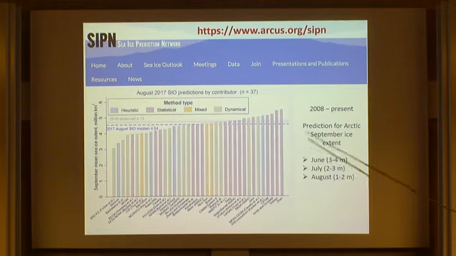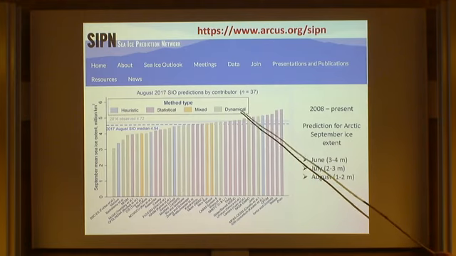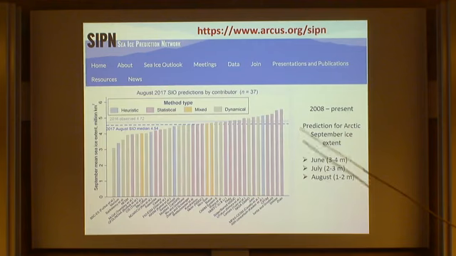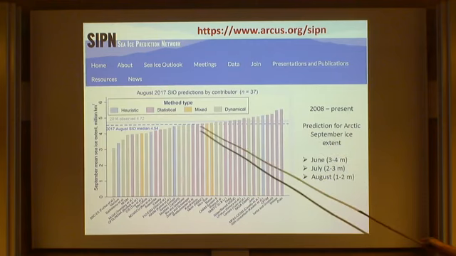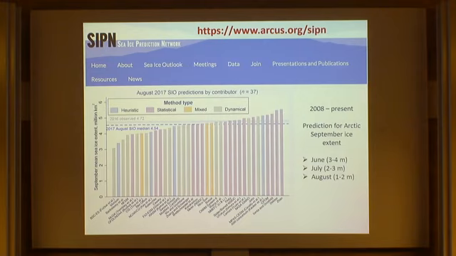There are different methods applied. Some are dynamical, where you apply a model for your calculations, but there are also quite a lot of statistical approaches where you correlate some quantities with the September sea ice extent and make a linear regression to predict it. There are also some mixed approaches, and some heuristic ones where you just make up a number from some kind of information. These data are now available for the last 10 years.